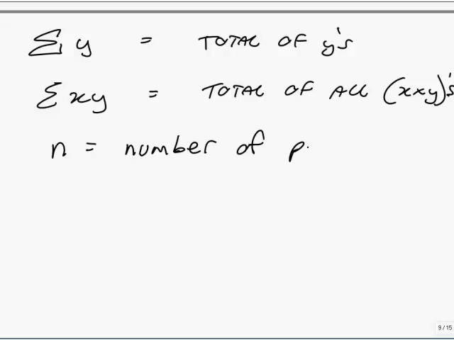Pairs of observations. And so that's all we need really for A and B in the formula. Here you've got to in fact do B first. You work out B sticking the figures in. Once you've got B, use the other formula to work out A. Alright?